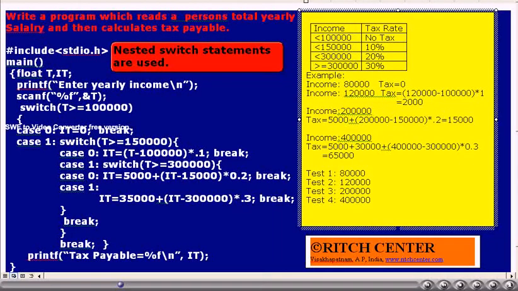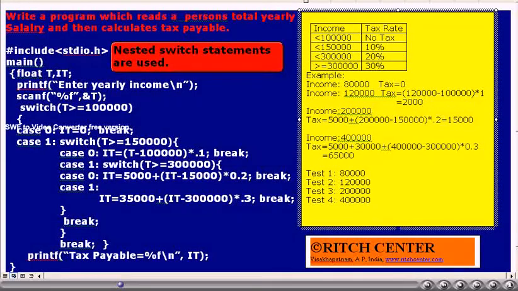In this example, to get the solution, we have used nested switch statements as shown below. First, the outermost switch statement is comparing the total income with 1 lakh. The middle one is comparing with 1.5 lakh.